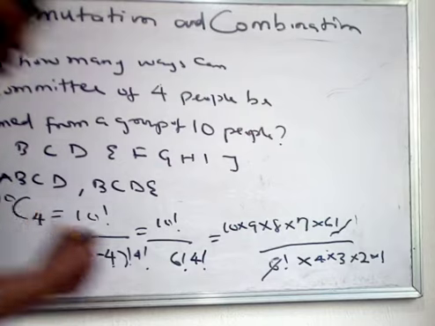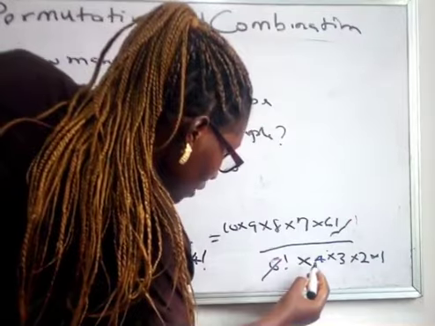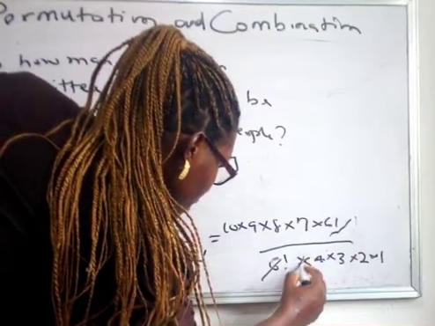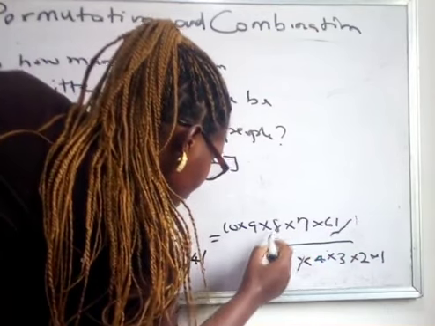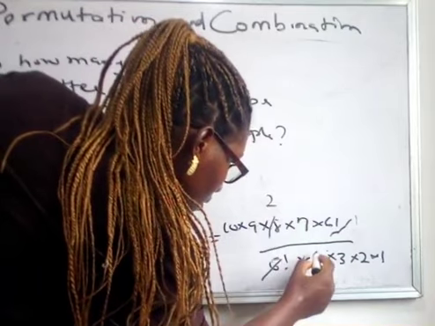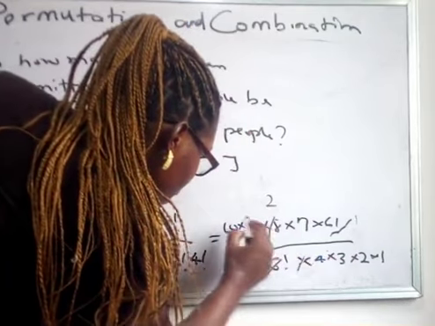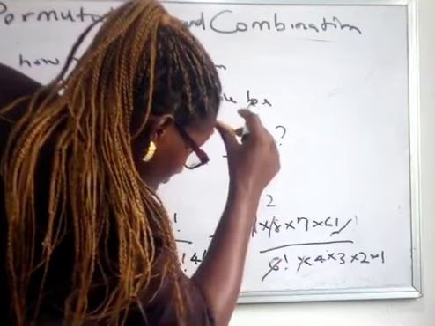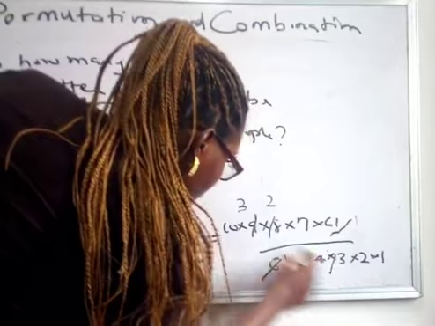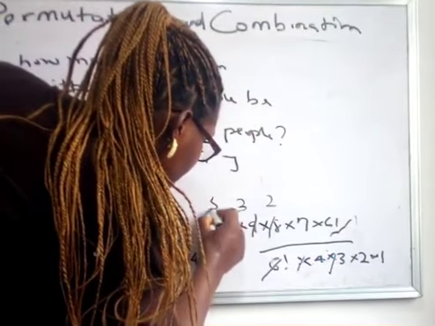So let's quickly evaluate that without the calculator. 4 divides 8, and that gives us 2. 3 divides 9, and that gives us 3. 2 divides 10, and that gives us 5.